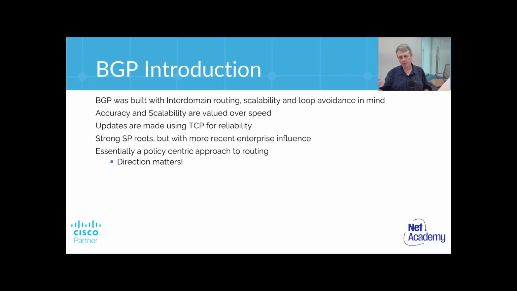Maybe some are preferred over others, or maybe it's more likely it's a lot more complex than that. So I need a strong policy-centric approach to routing, and that's exactly what BGP gives us. When I say direction matters, what I really mean is I can typically set nice granular policies, both inbound and outbound, independent of one another, which is pretty nice.